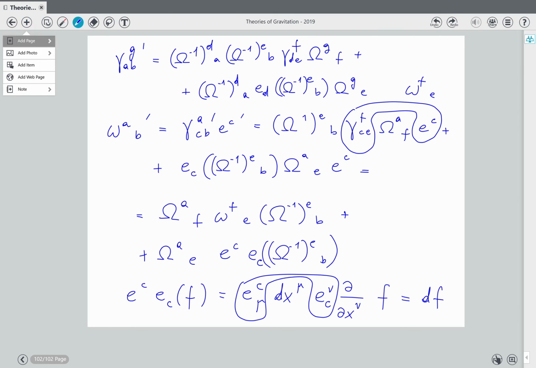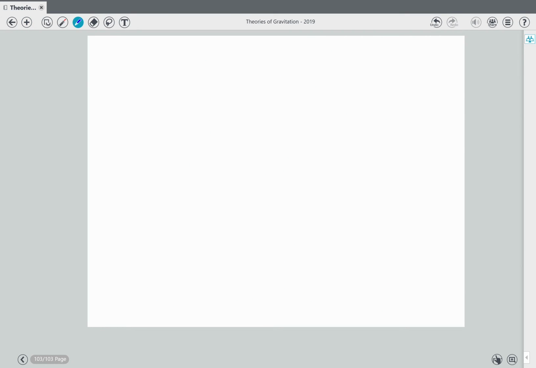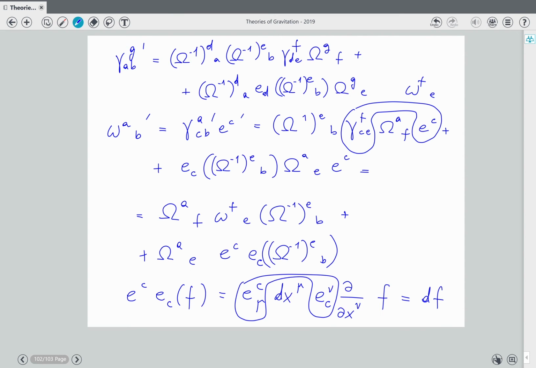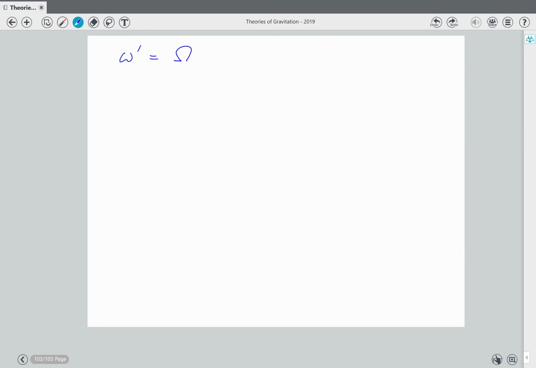So we have omega prime. Then we read the indices. You see big omega AF, small omega FE, big omega to the minus 1 EB. That's like saying in matrix notation big omega, small omega, big omega to the minus 1.